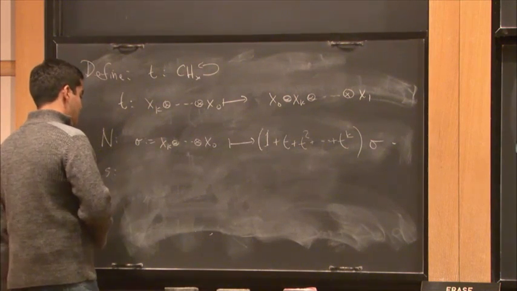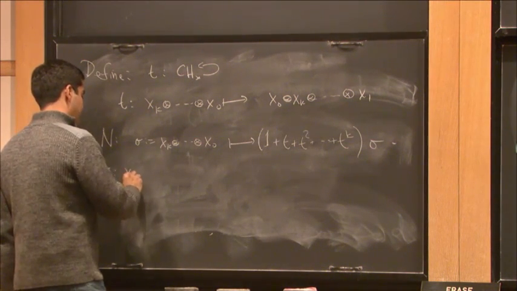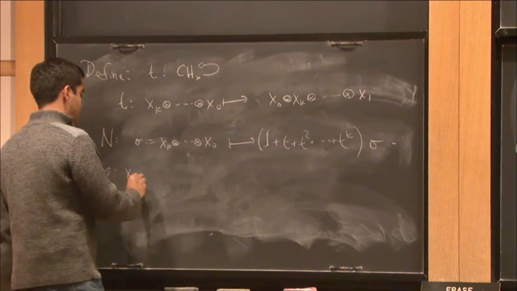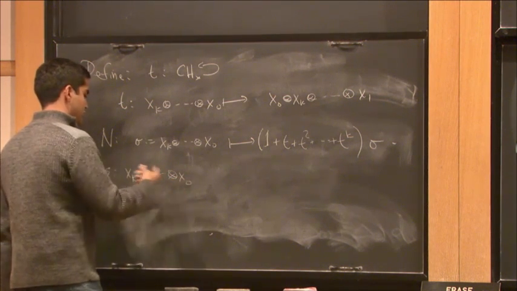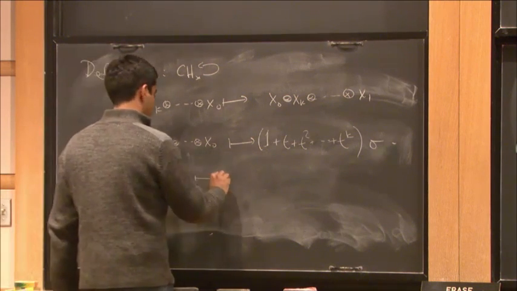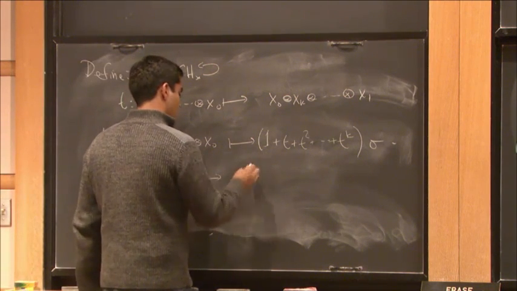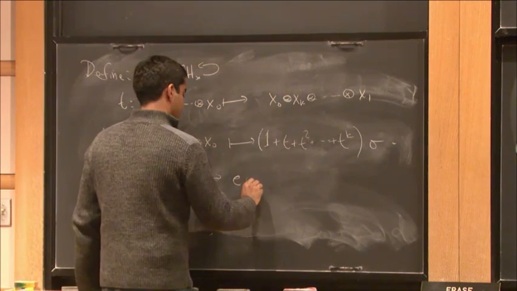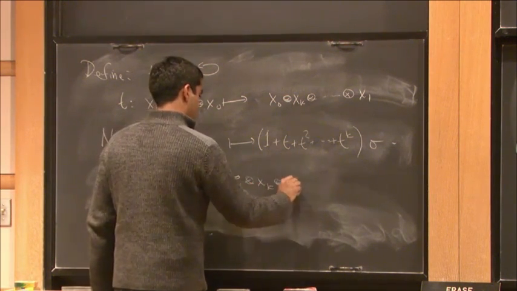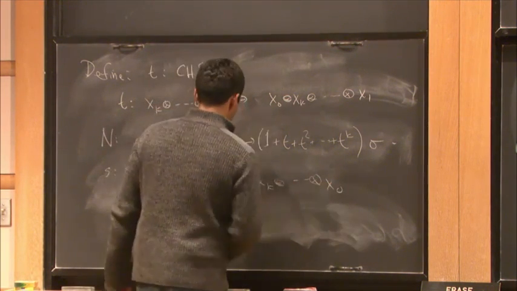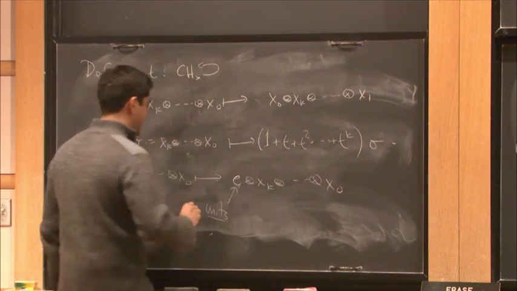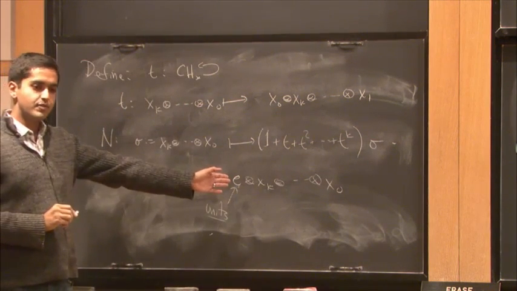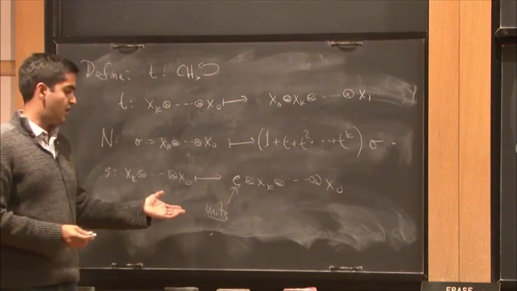And there's an operation called S. So these operations preserve the length, the number of letters in the word, and S increases the length. So it inserts an element at the beginning. The element is a unit.